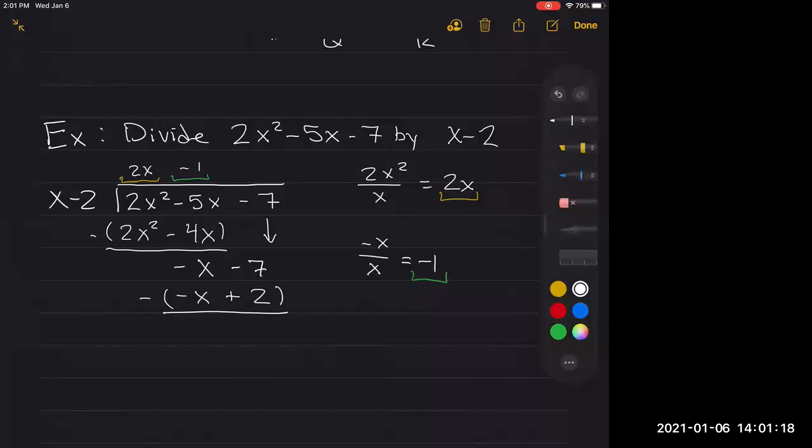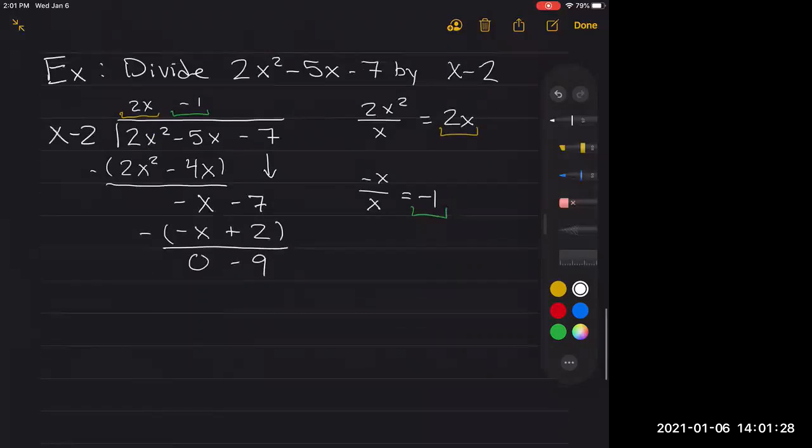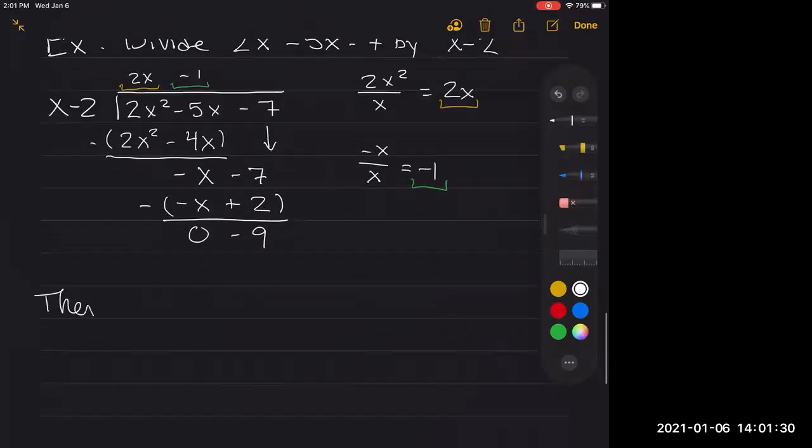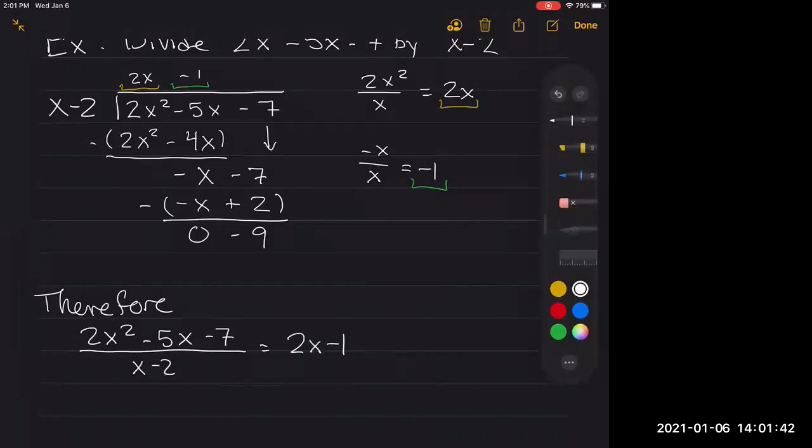So in this case, we get a 0, and then we get a minus 9, because -7 minus our positive 2 is minus 9. All right, so therefore, our 2x squared minus 5x minus 7 divided by x minus 2 equals 2x minus 1 minus 9 over our x minus 2.